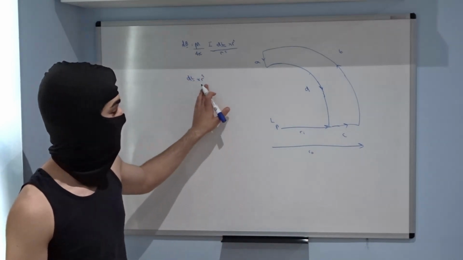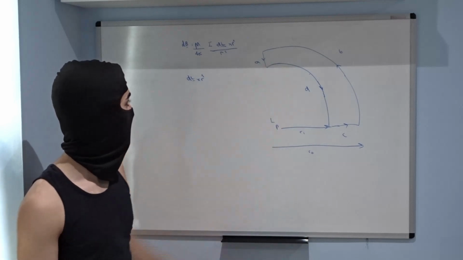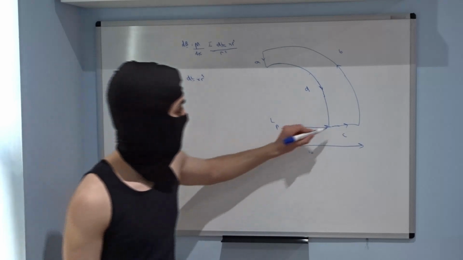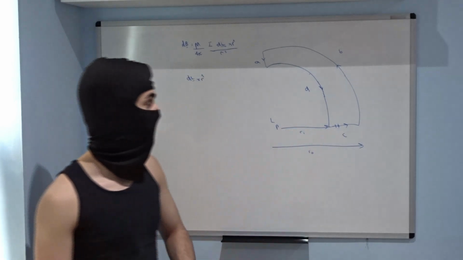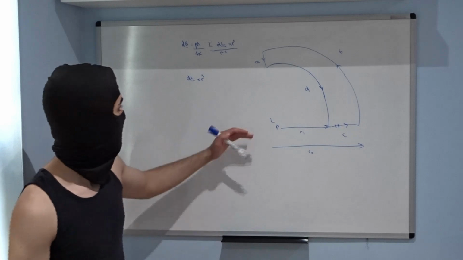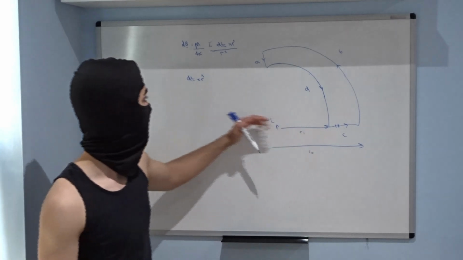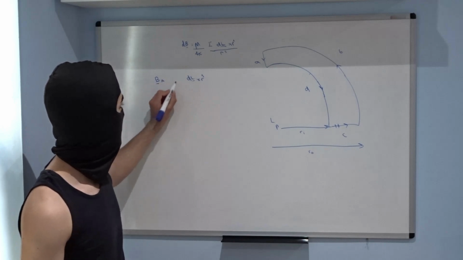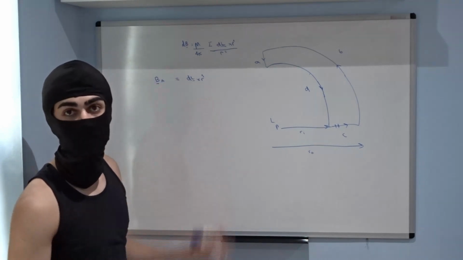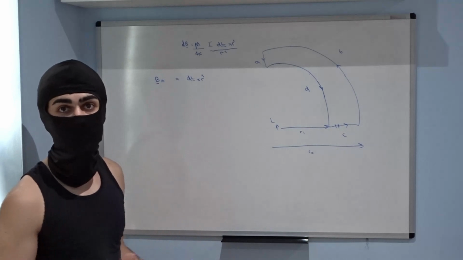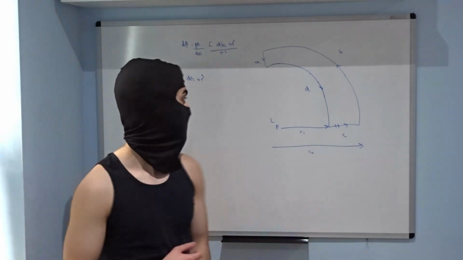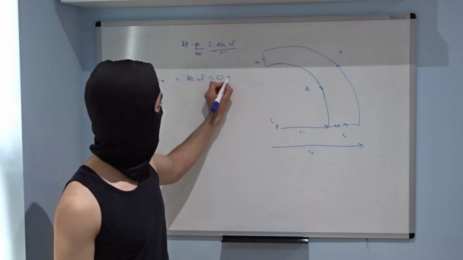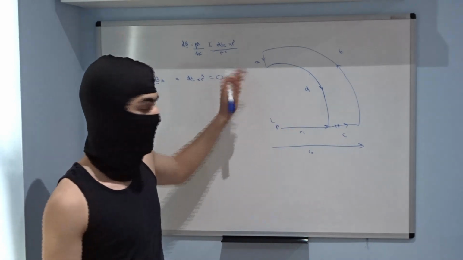R hat is a vector that points towards the point P, and dl is the infinitesimally small part of A or C. Because r hat is parallel to dl for A, it's just going to be 0, because when you cross two parallel vectors, it's going to be 0, because sine 0 is, of course, 0. And the same thing goes for C. So we can just neglect these.